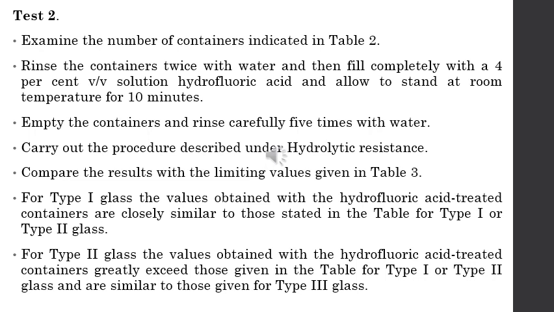Now for type 1, the values obtained with hydrofluoric acid treated containers are closely similar to the ones given for type 1 and type 2 glass, whereas for type 2 glass the values obtained with hydrofluoric acid treated containers will greatly exceed those given in the table for type 1 and type 2 glass, but are similar to those given for type 3 glass.